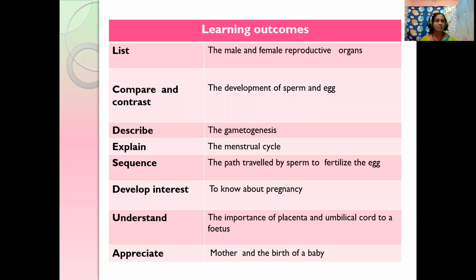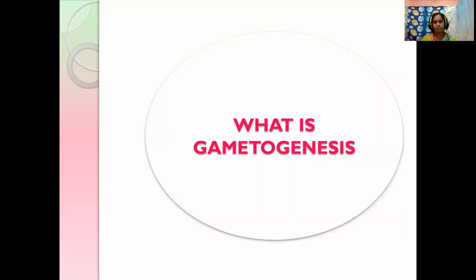After this lesson, students, you will be able to know the male and female reproductive systems, the male and female gametes, their development and formation, the menstrual cycle, how the sperm travels to the egg, the events of pregnancy, the placenta layers, and how the mother takes pain to give birth to a baby.